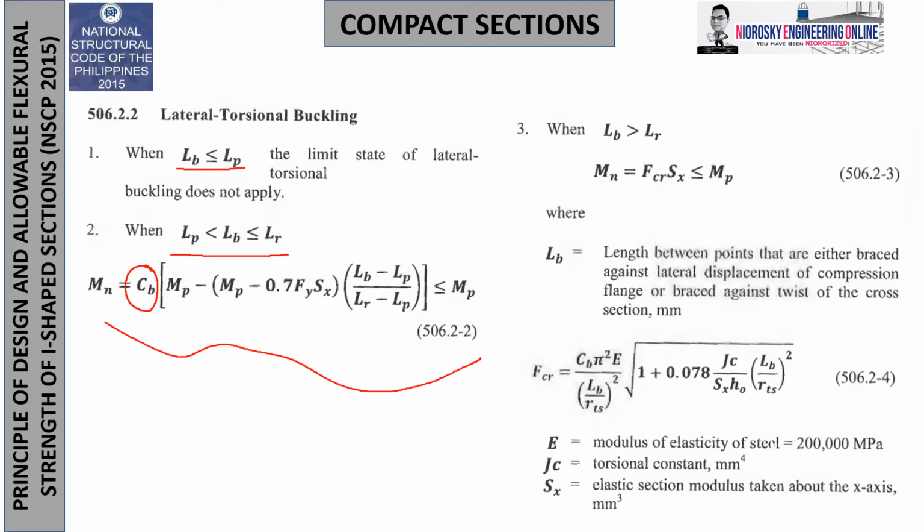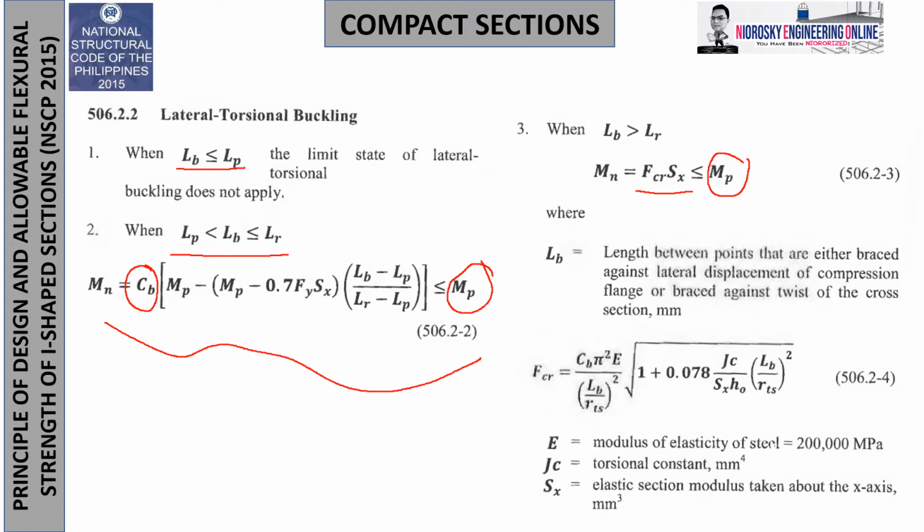Pero if your L sub B is more than L sub R, then the nominal moment should be the critical stress times the sectional modulus S sub X. But kung mapapansin nyo, hindi dapat sila tumaas. Sabi nga ng code natin, pinakamataas kasi plastic moment. Already discussed before, bakit yan ang pinakamataas? Due to the fact that we already proven many times before that the plastic moment should always be the maximum value that the steel beam can carry, that the steel beam should be under that capacity. Kasi otherwise, failure will happen.